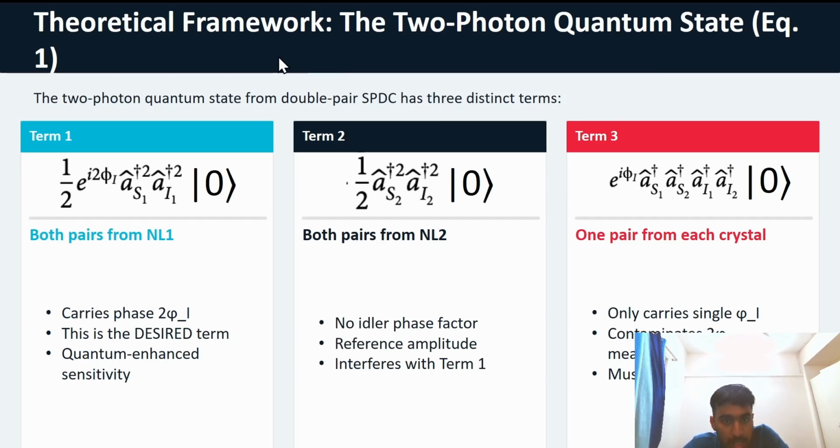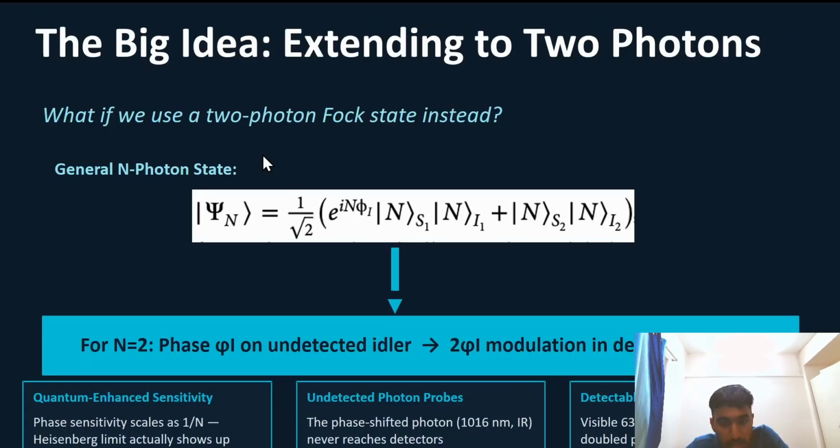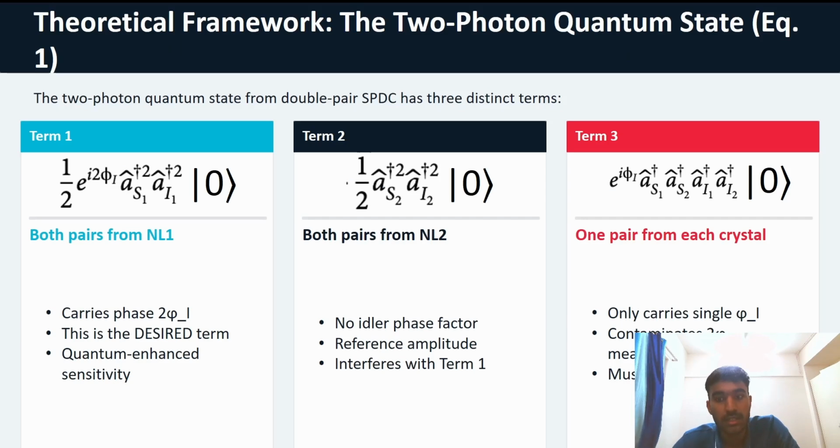Now, let's move on to the main theoretical framework, which is the two-photon quantum state. As we saw in the previous slide, the two-photon state has three terms. One has a double phi factor, and this is the term which signifies both pairs coming from the first nonlinear crystal.